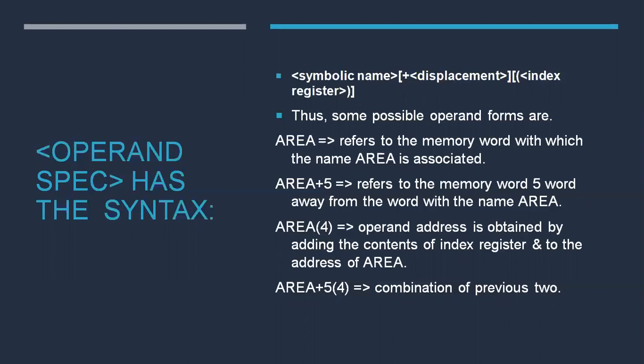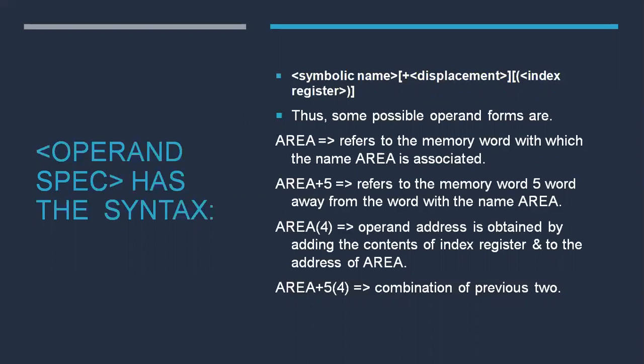So what are these possibilities? The symbolic name area will refer to the memory word with which the name area is associated. Area plus 5 refers to the memory word 5 words away from the word with the name area.